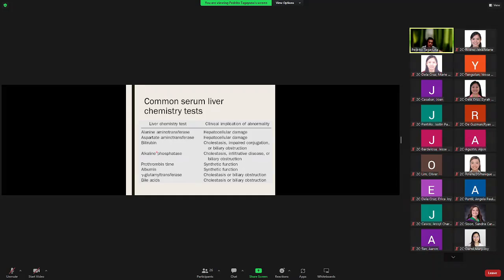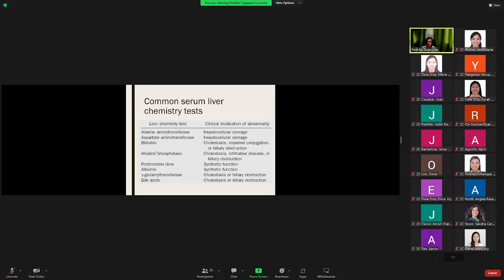The two enzymes there, alanine and aspartate aminotransferases, as mentioned earlier, are used to assess hepatocellular damage. Your bilirubin and alkaline phosphatase would assess obstructive diseases in the liver, such as cholestasis and biliary obstruction. But bilirubin can also be used to assess impaired conjugation of bilirubin.